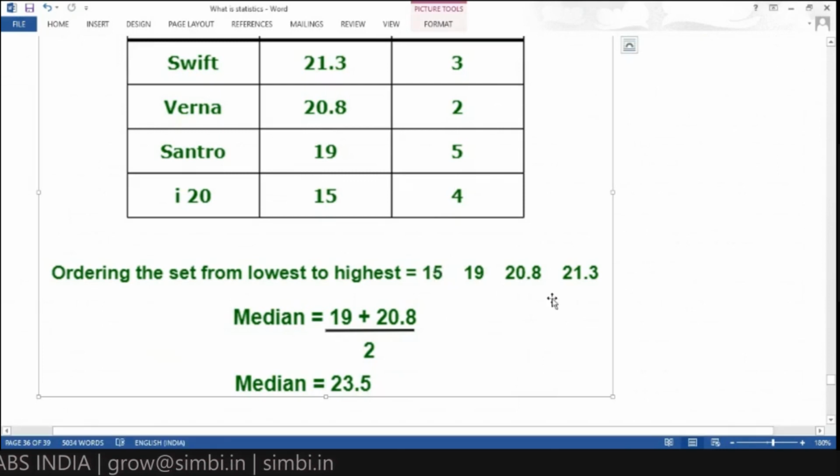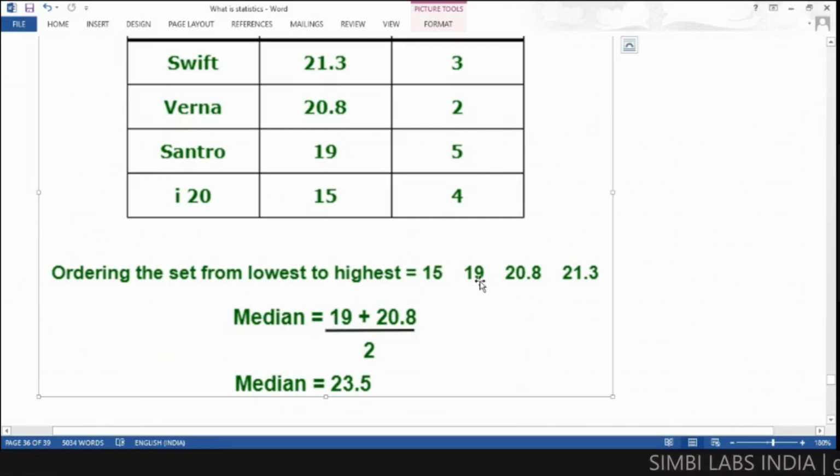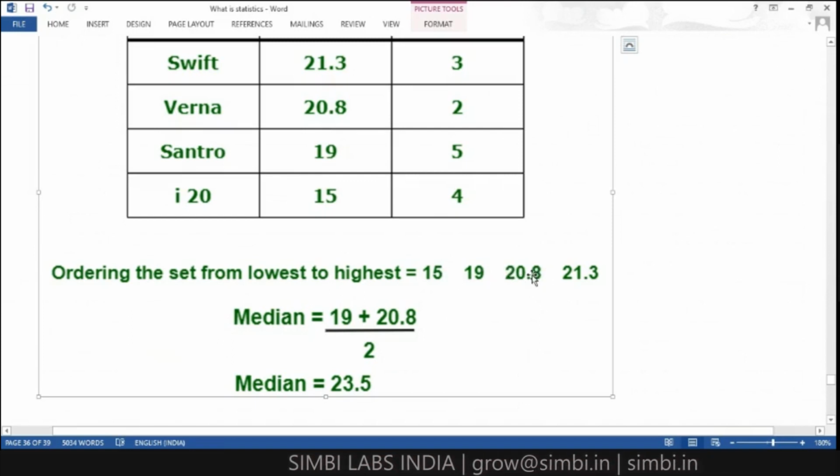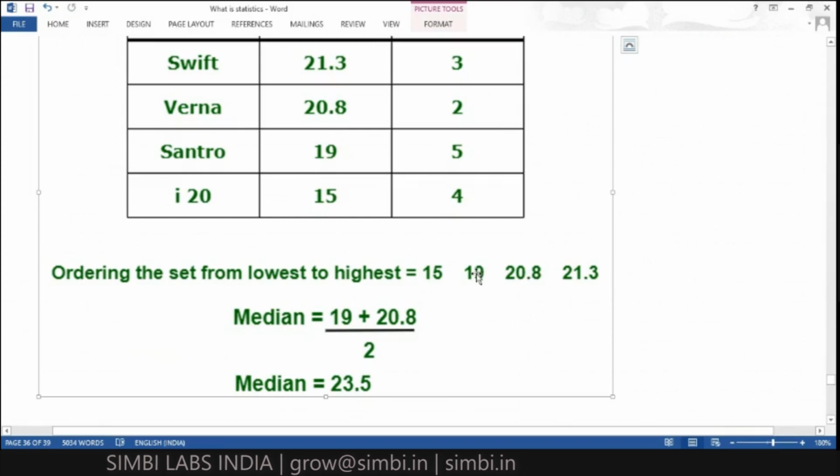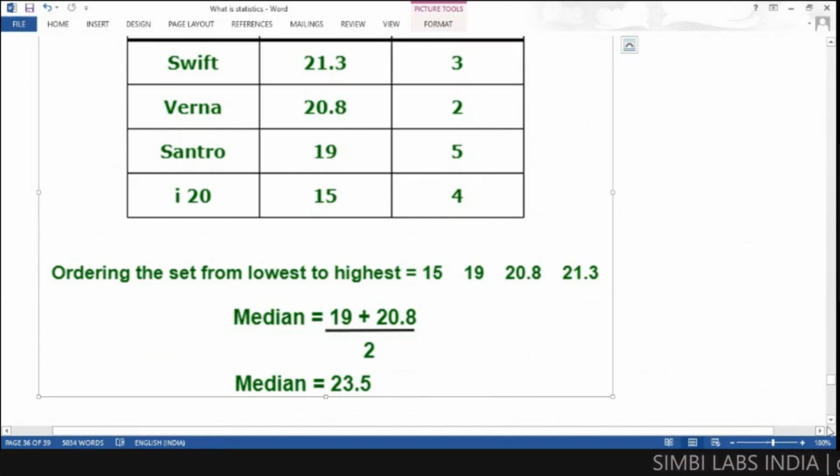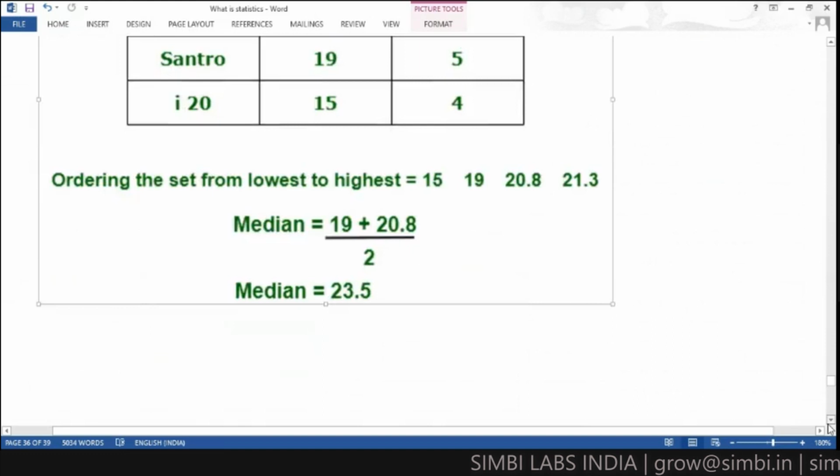Here you can see 1, 2, 3, 4, so these are an even count. For the even count, we need to calculate the average of the middle numbers 19 and 20.8. Applying the average formula, we get the median value 23.5.